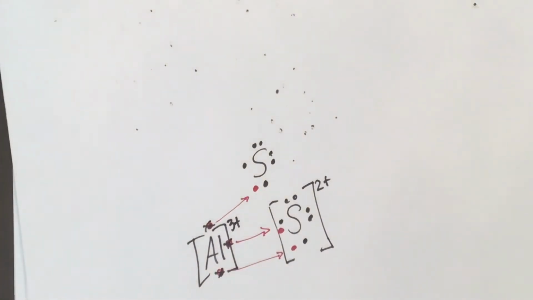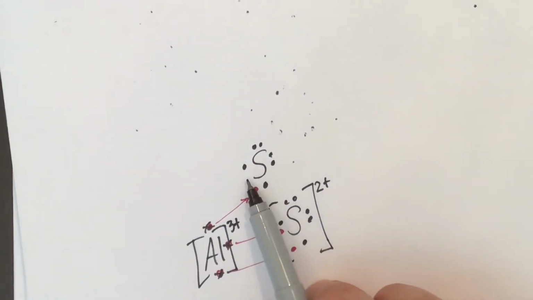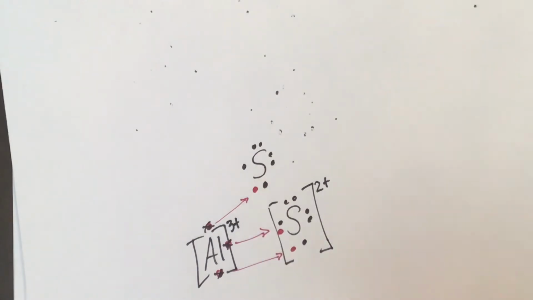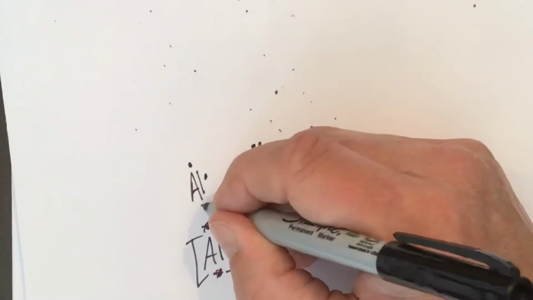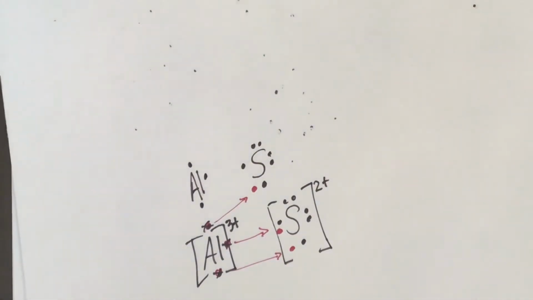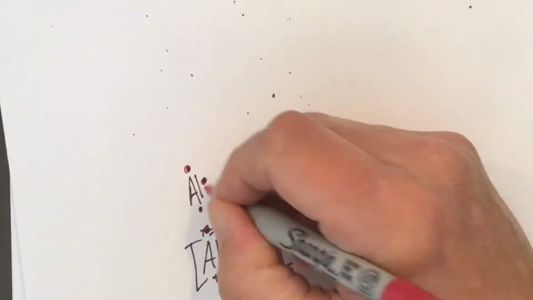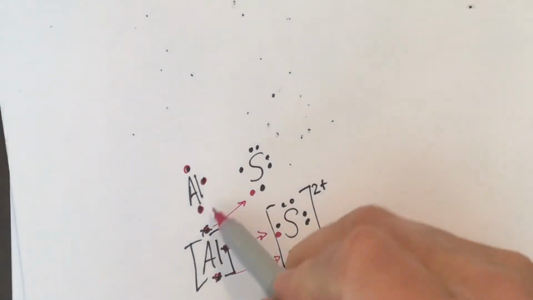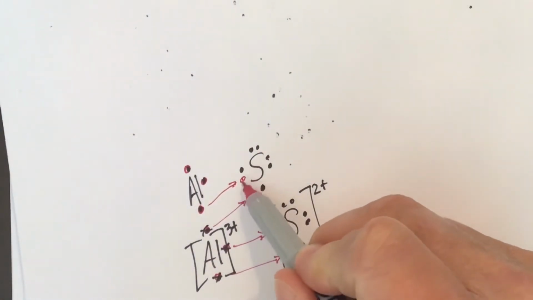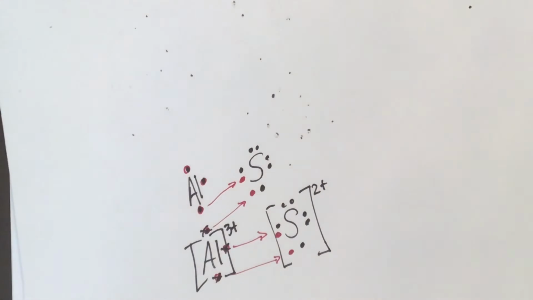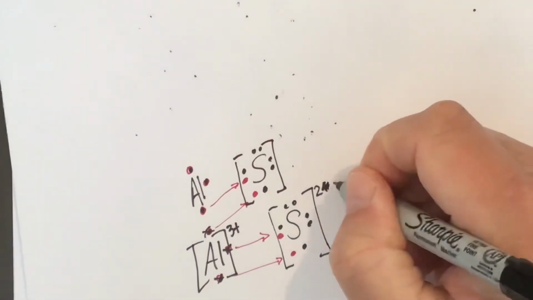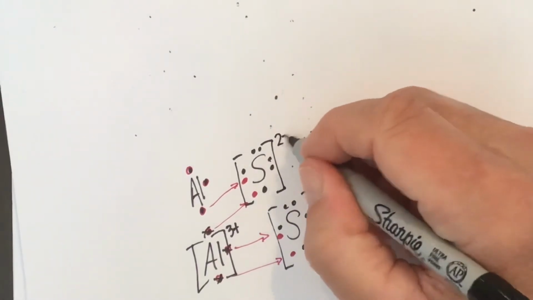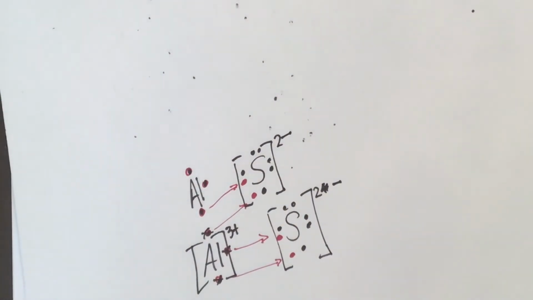But there's a problem here. Sulfur does not have an electron here. So what are we going to do? All right, we're going to get another aluminum. So we get another aluminum, and it's going to have 3 valence electrons. And we're going to color code them so you see them. And so we're going to take this electron here, and we're going to give it to sulfur. Now that sulfur is complete, we can put brackets on it. Oops, negative, sorry. And now that's complete.